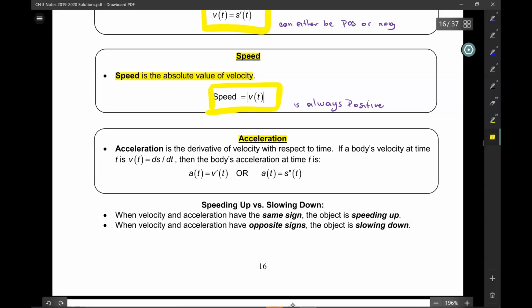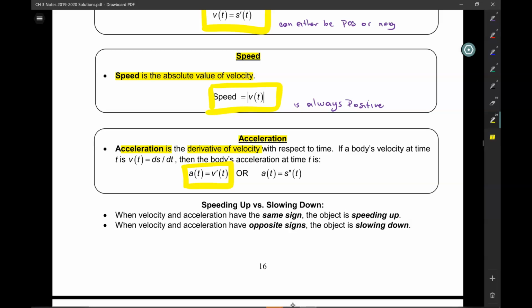Good. Okay, now acceleration is the rate of change of velocity, meaning how fast is the velocity changing? So acceleration is the derivative of the velocity. So acceleration is v prime of t. How did we get v of t? It was s prime of t, right?